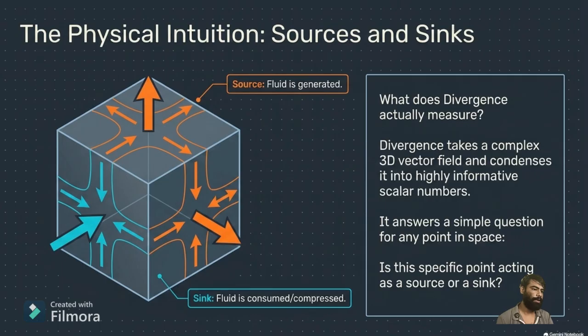Here, what we'll understand is that divergence gives you, from a vector, some informative scalar number. Like in a box, some fluid is going inside the box, and some of the fluid is going outside the box. The divergence can tell you whether this box is a source of the fluid or a sink of the fluid.